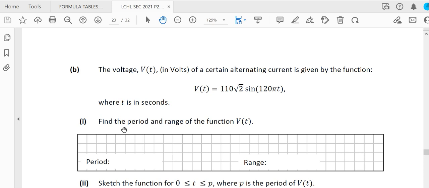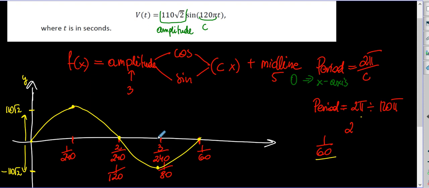The first one is: find the period and the range of the function. The period we know, 1 over 60. What is the range? From minus 110 square root of 2 to 110 square root of 2. That's the way we write our range.